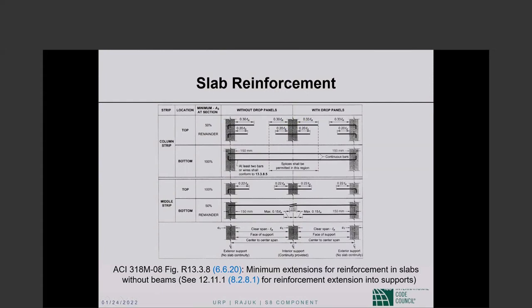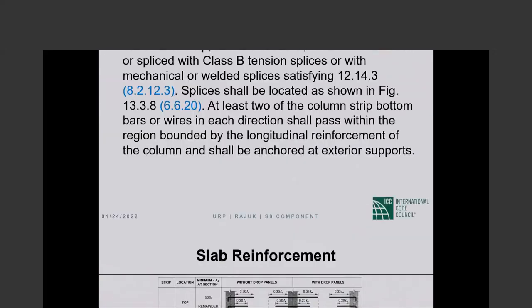So both directions you will extend by, this way it will be 30% of the longer span. This way it will be 33% of the longer span. Not if the left span is shorter than the longer span, this will not be 30% of the shorter clear span.